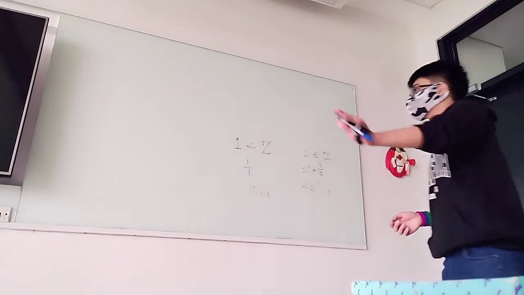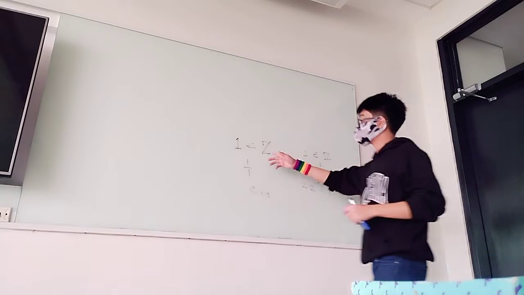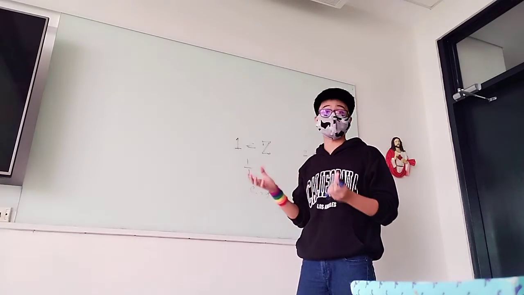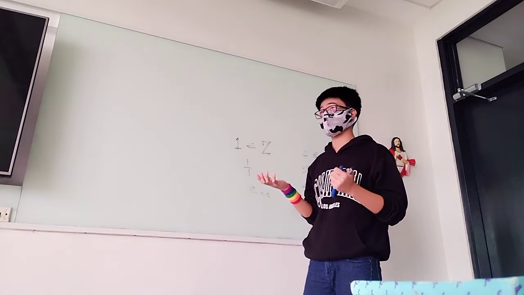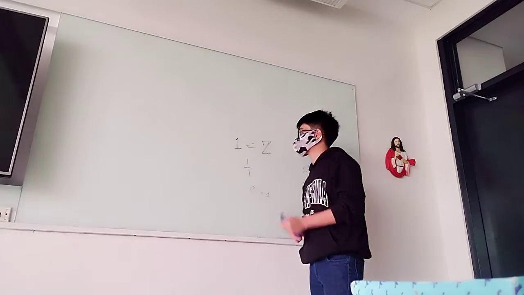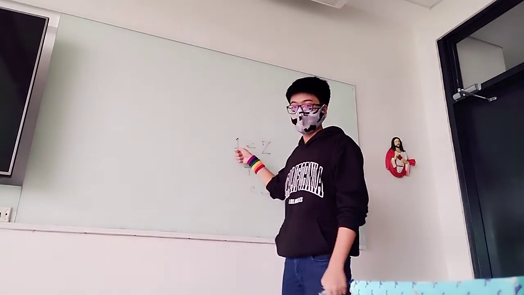So when it comes to equipping the integers with the addition operation, we have 0 as our additive identity, or identity element. And then if it's a multiplicative identity, it must be 1.